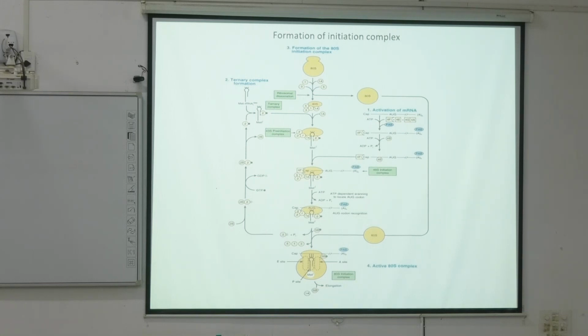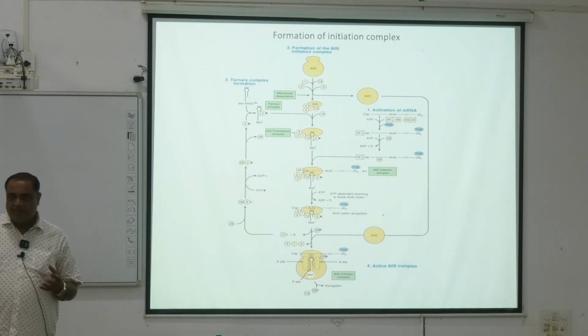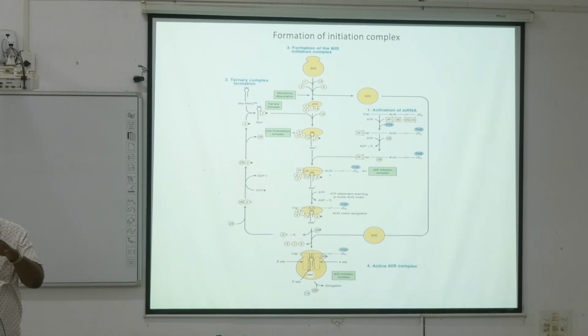Fine. Now, this is 1, 2 and 3. 3 units. What is the first unit? Dissociation of subunits. Now, this is 80S. It is being dissociated in 2 halves, small subunit and large subunit. Suppose you have a water droplet.